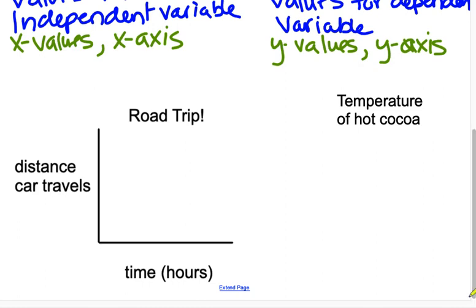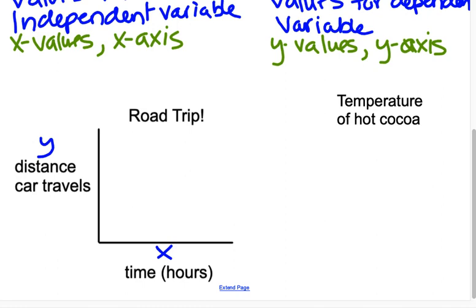Let's start by talking about a road trip. You're going to get in your car and drive to Florida or California or Iowa, wherever you're going to drive to. Remember, you've got your x-axis and your y-axis, and it makes sense to me that the time you're in the car is your independent variable.